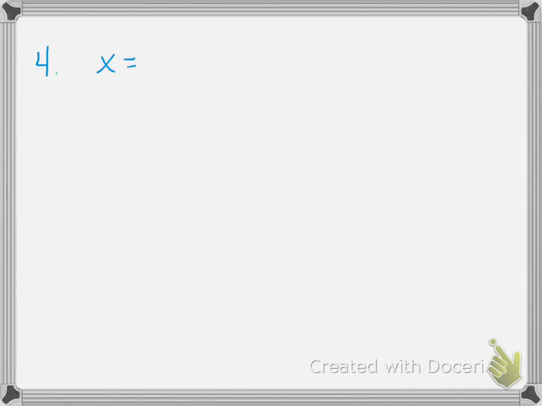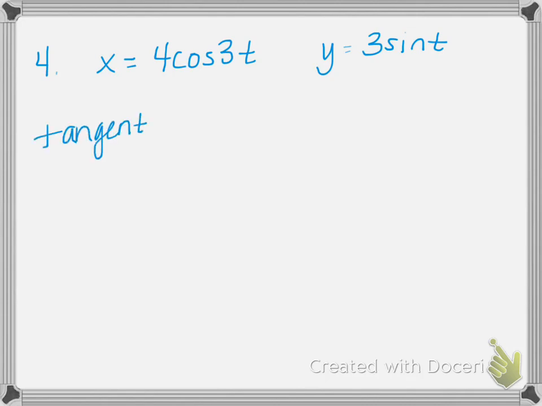Another question it might ask you is it might give you an x value and a y value and tell you to find the tangent line at t equals 3 pi over 4. So what I know about a tangent line is that I need a point and I need a slope.